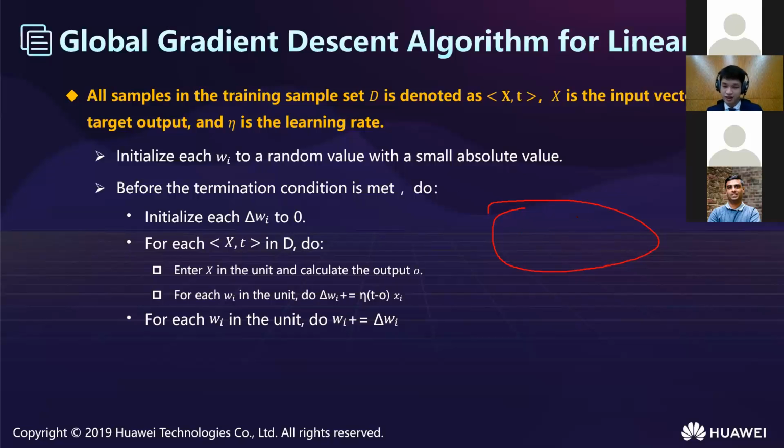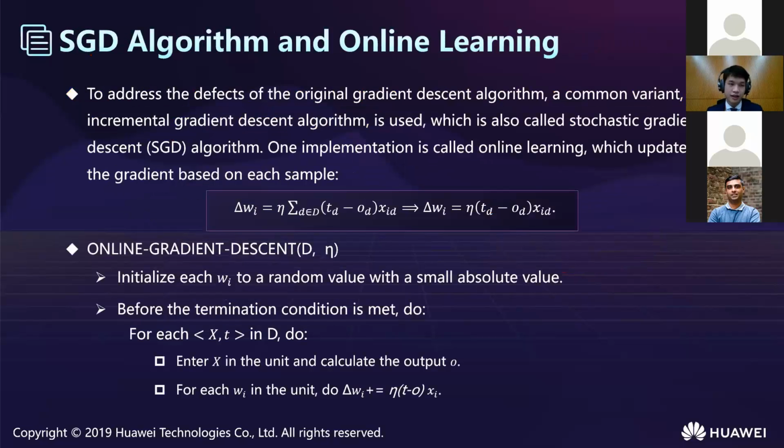The steps here are the training data sets. Okay, and another one is called SGD, the stochastic gradient descent. That means when we train the model and update the weights, we only use one data point to update the weights.